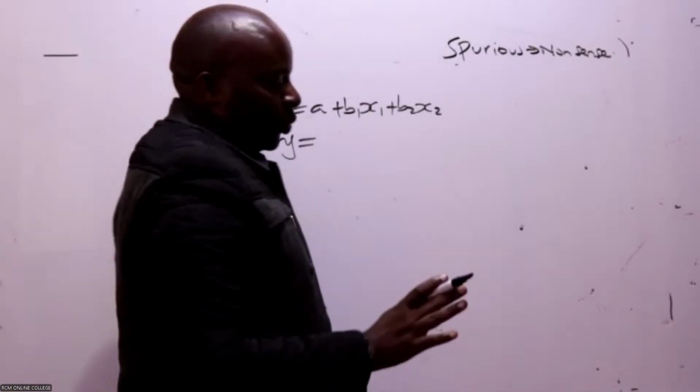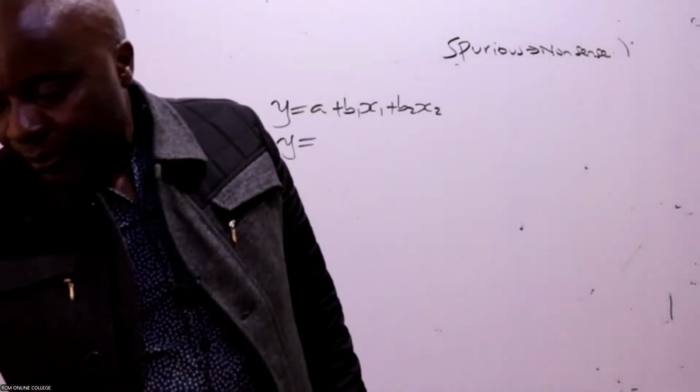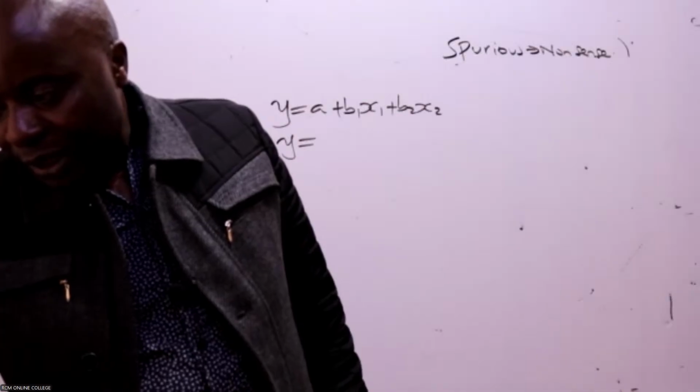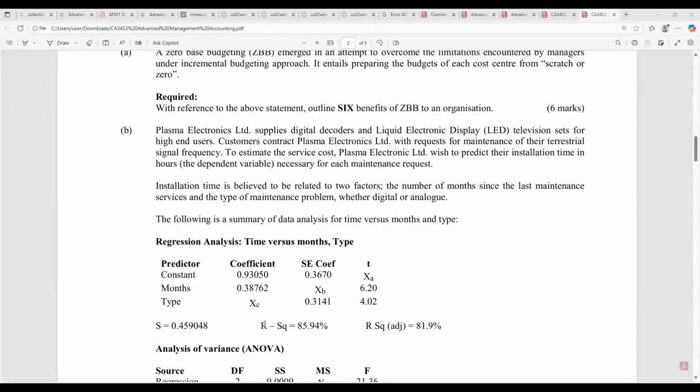We got it from these coefficients: constant is 0.93, 0.50, plus b1 is 0.38762, plus b2, which is what we calculated here.